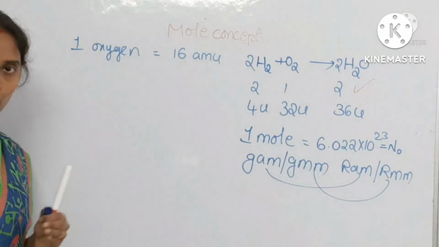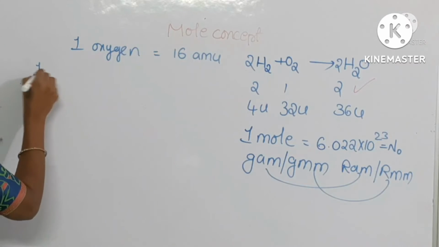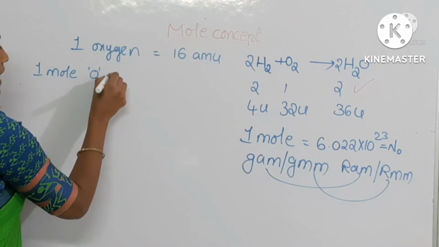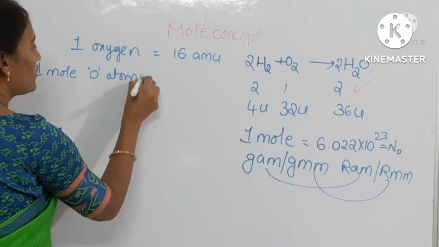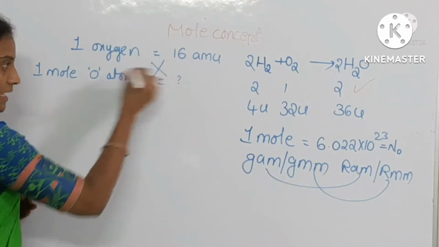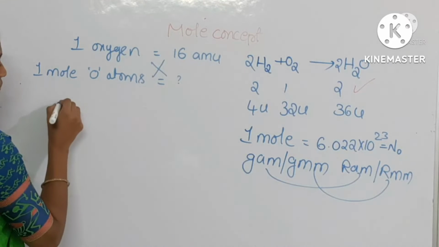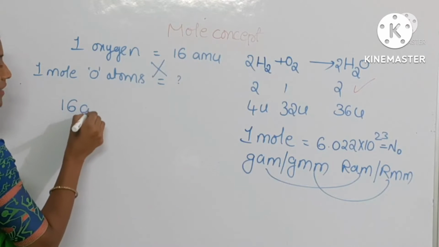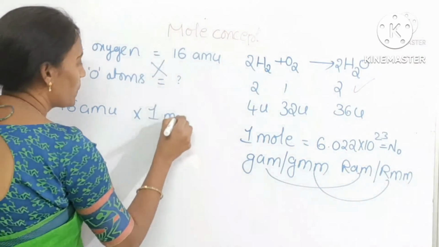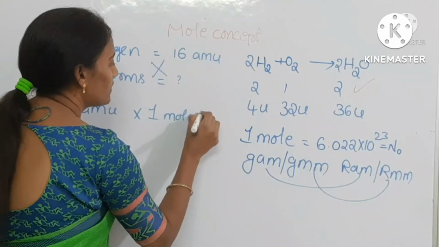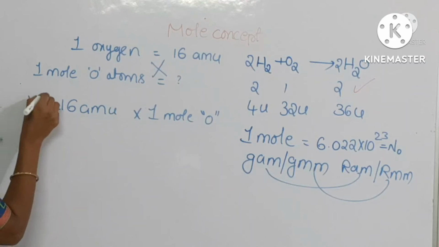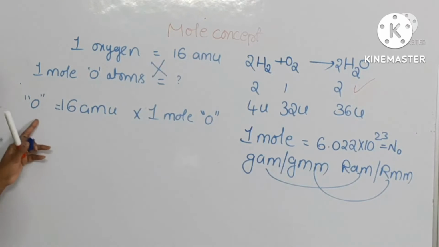After that, I want to know the weight of 1 mole of oxygen atoms. How can you calculate? For this, you just do cross multiplication. Then you will get 16 AMU into 1 mole of oxygen atoms. This is equal to the weight of 1 oxygen atom or of 1 mole of oxygen atoms, students.